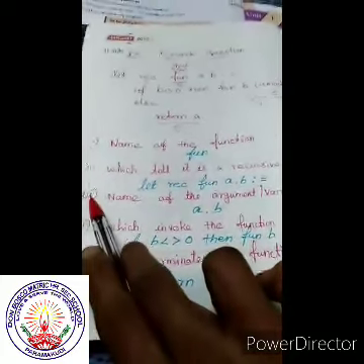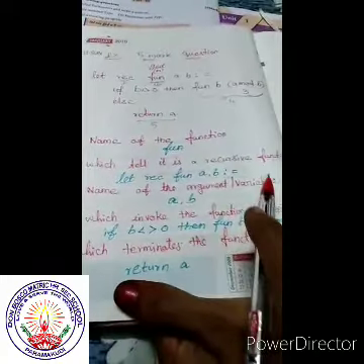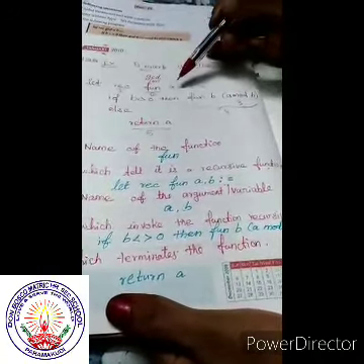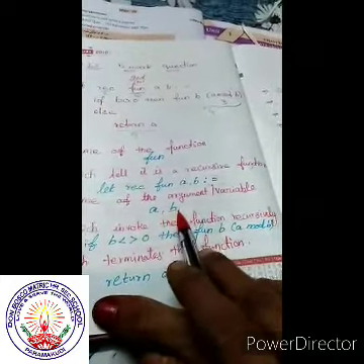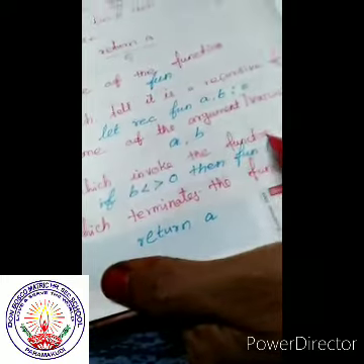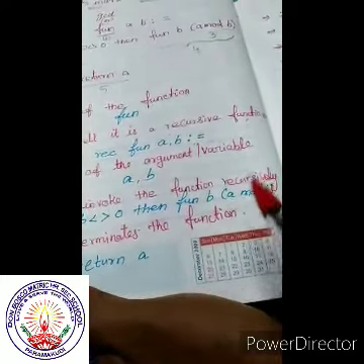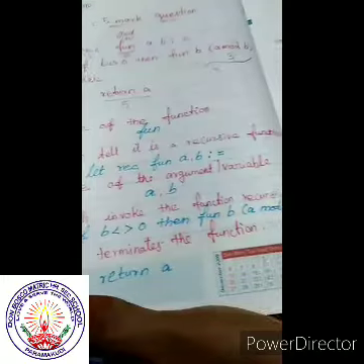And third option, name the argument variable. Here we are using the arguments A and B. So the names of the arguments are A and B. And fourth option, which invokes the function recursively.